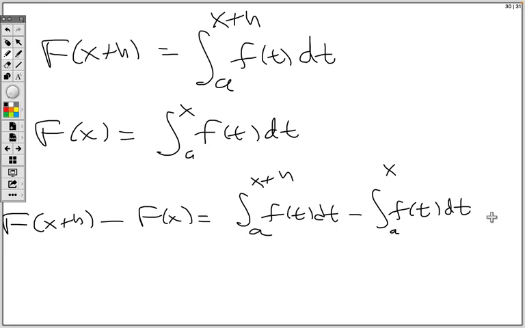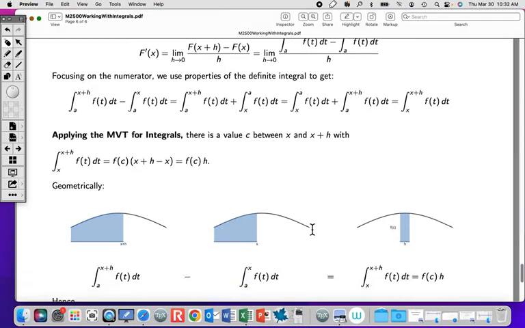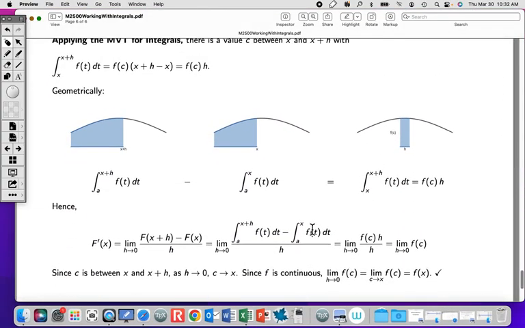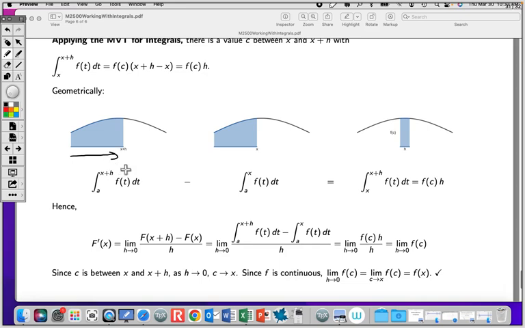Geometrically, we're integrating out to x plus h, and we're subtracting what we integrate out to x. So what's going to be left is this little slice from x to x plus h.